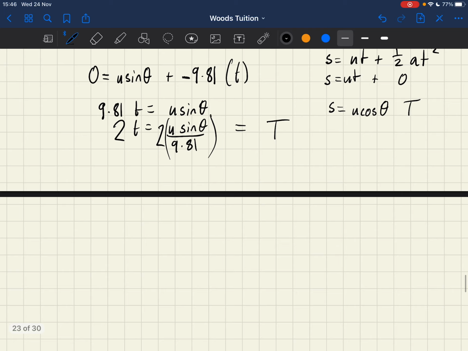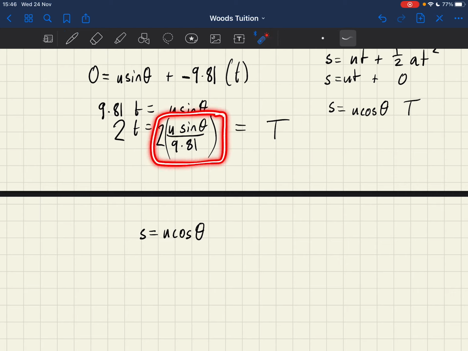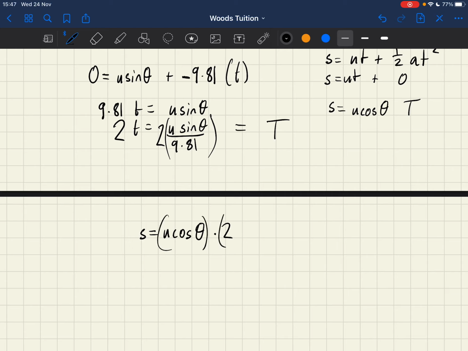We want to expand this a little bit further. We can say that s is equal to u cos theta times time, and we know the time is equal to, and I'll put it in brackets to make it clear, 2 u sine theta over 9.81.